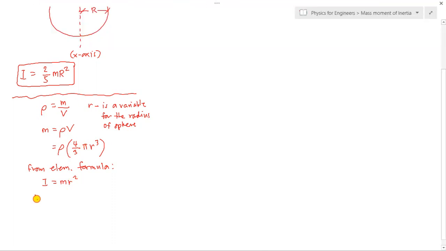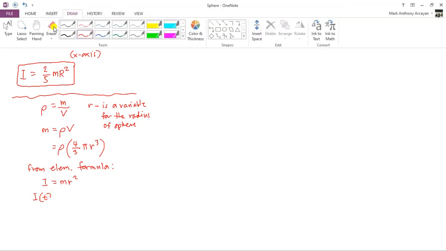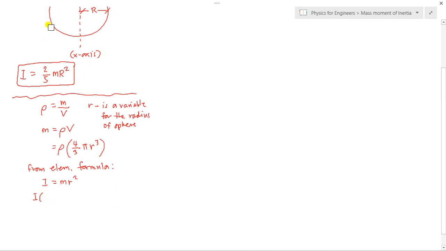It is a small letter r because it is not constant, it varies. In function form, that is I of r. So the mass moment of inertia is a function of our radius. I of r is equal to m r squared. And then if we take the derivative of both sides, that is the derivative of I of r.